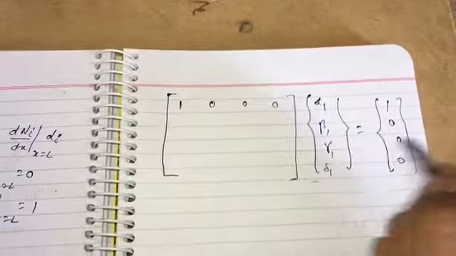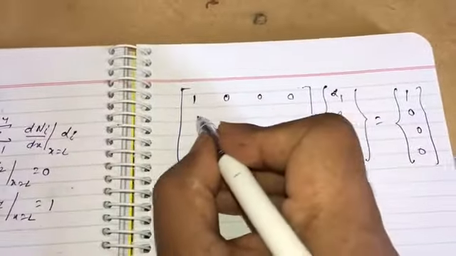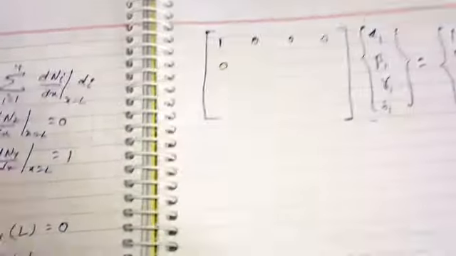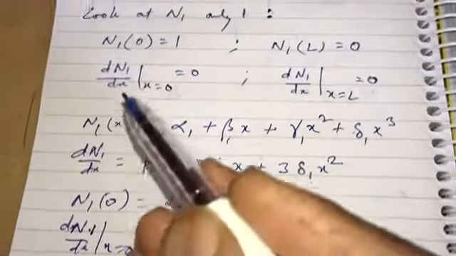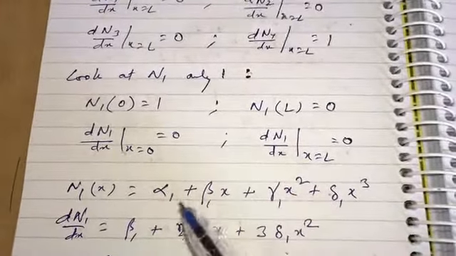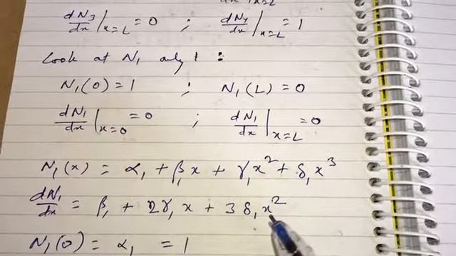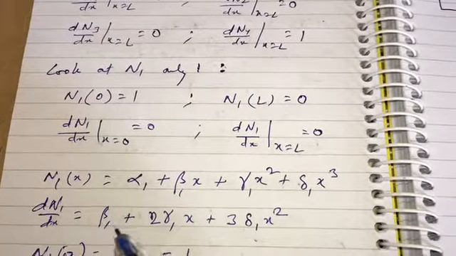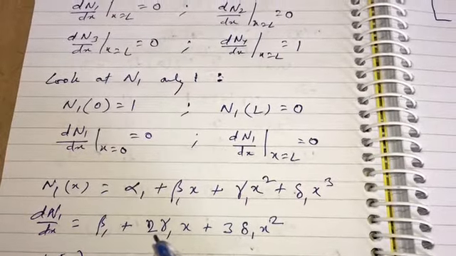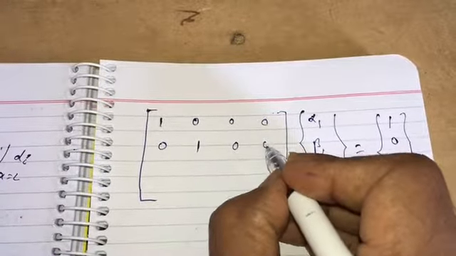Okay, the second one is, we have 0. So the second equation was this one, this equation. So here we have value of 0 here, so we have 0 plus 1 plus, so here we have 1, then we have 0 and 0.